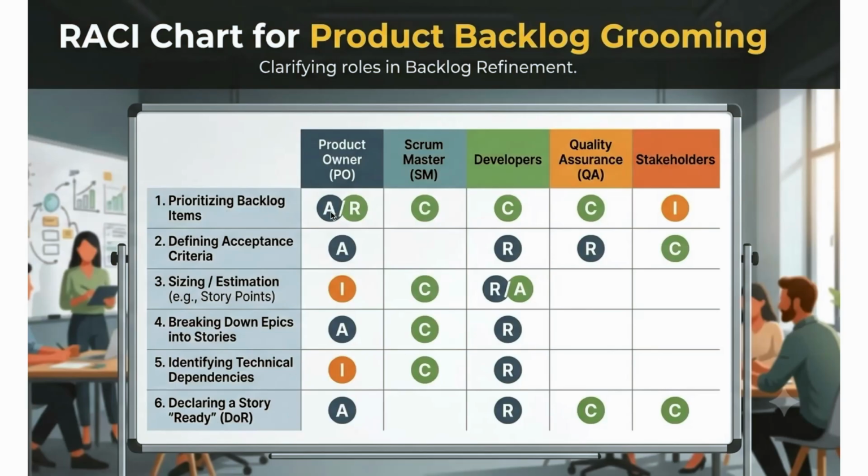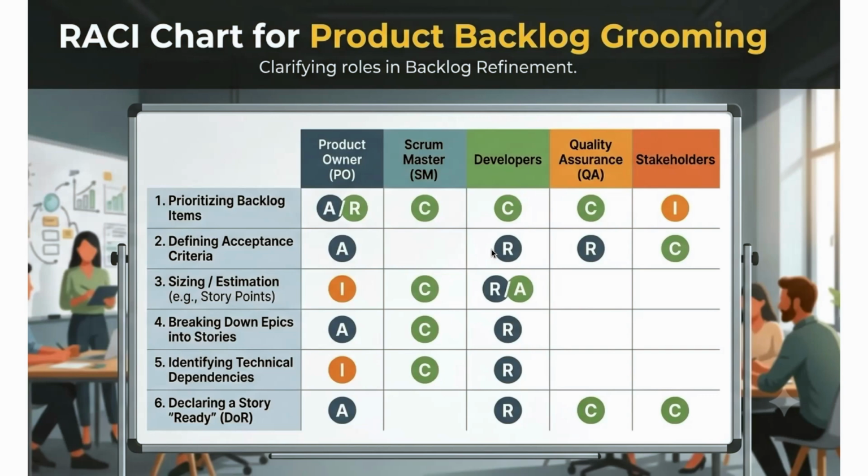The product owner is accountable and responsible for product backlog prioritization. The Scrum Master may play a consultative role. Developers can play a consultative role. QA can play a consultative role. And other stakeholders should get information about it. What is the prioritization? And then defining the acceptance criteria for a feature. The product owner is accountable.